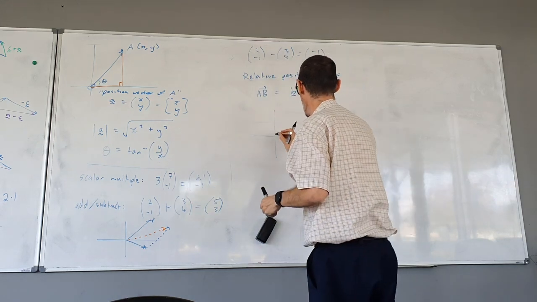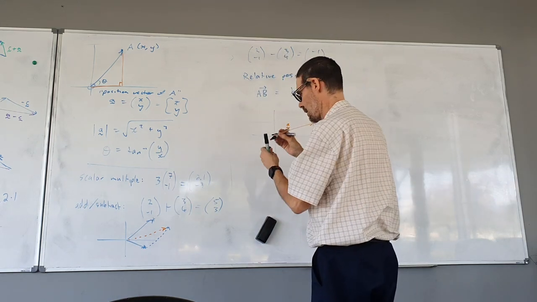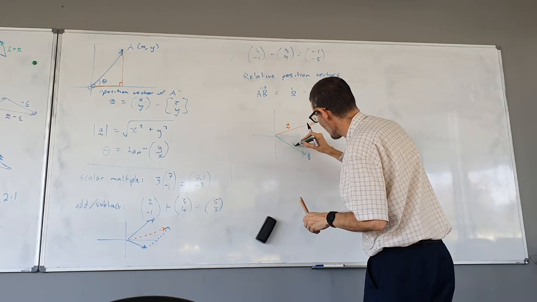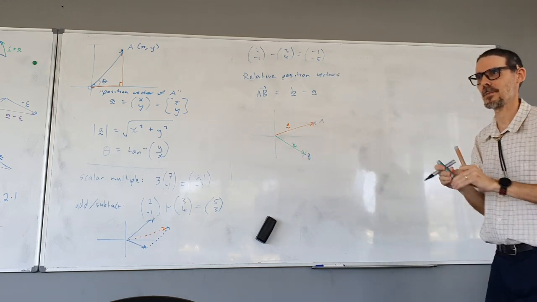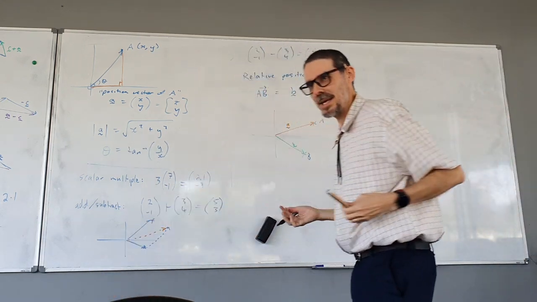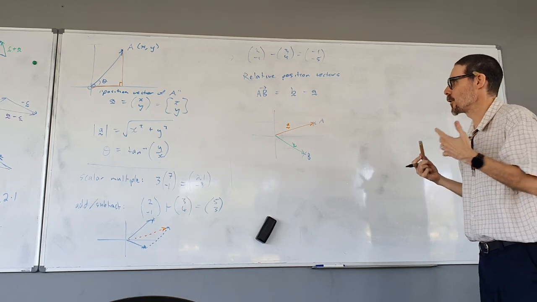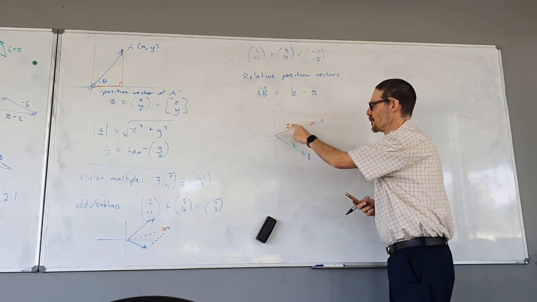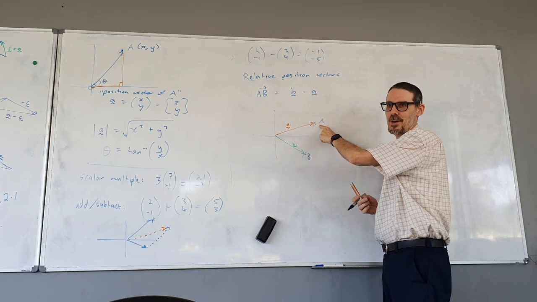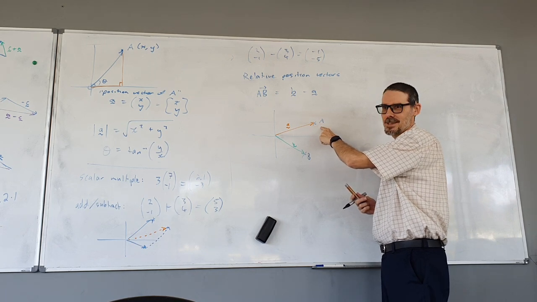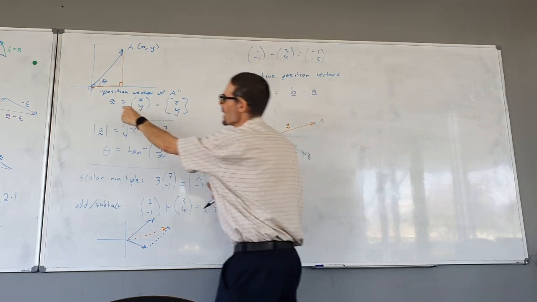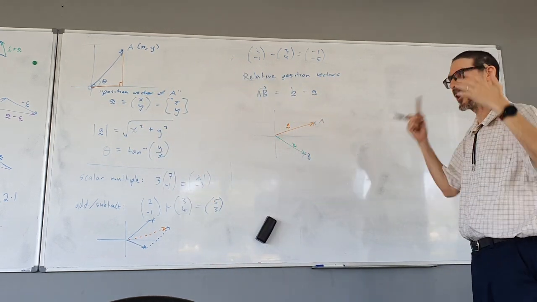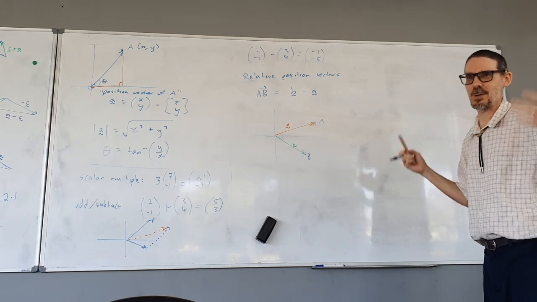So is B just from the origin to B? That's little a, and that's little b. By convention, you don't always have to follow that, but if you're talking about position vectors, the lowercase letter means from the origin to that point represented by those coordinates. This is a convention. Little a is the position vector of big A. It helps us do things without having to explain ourselves every time.